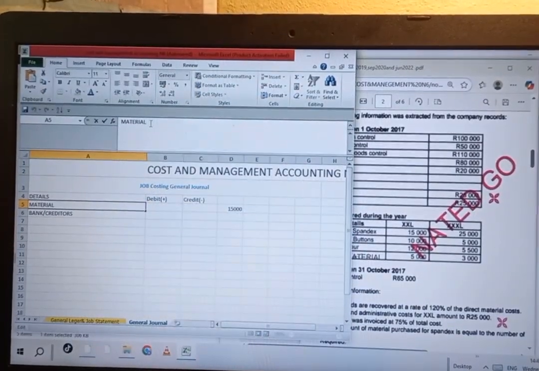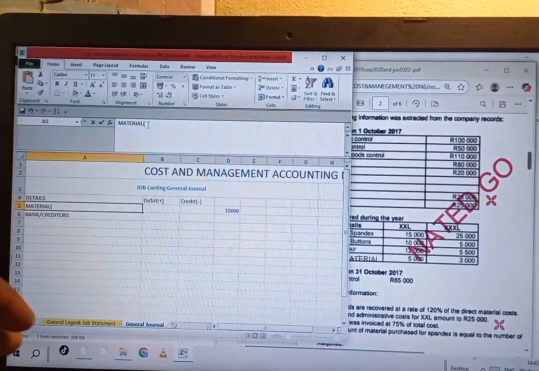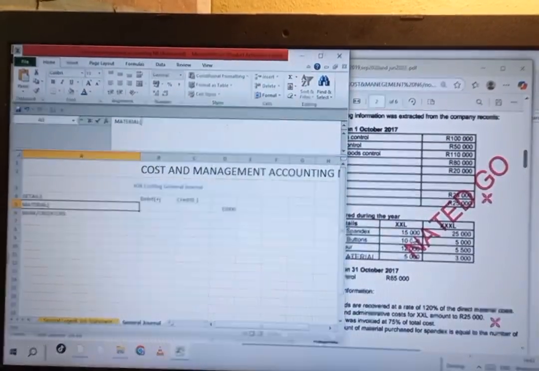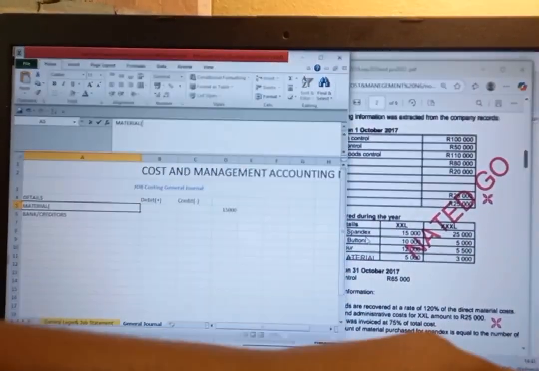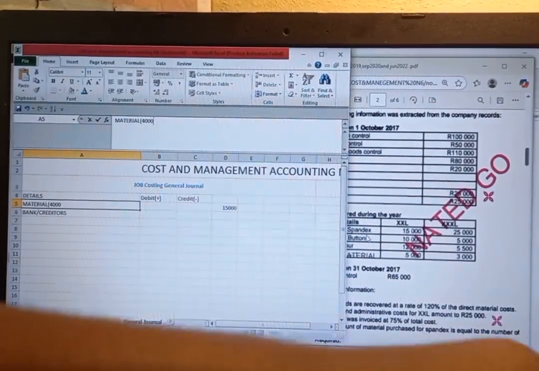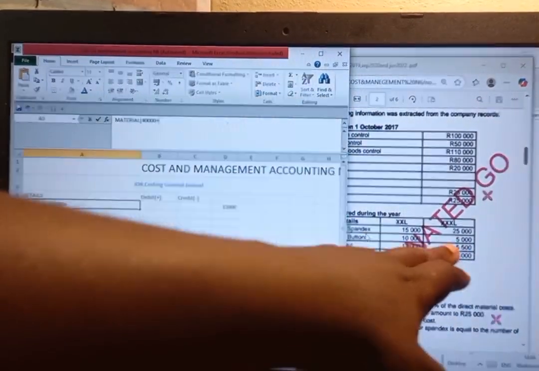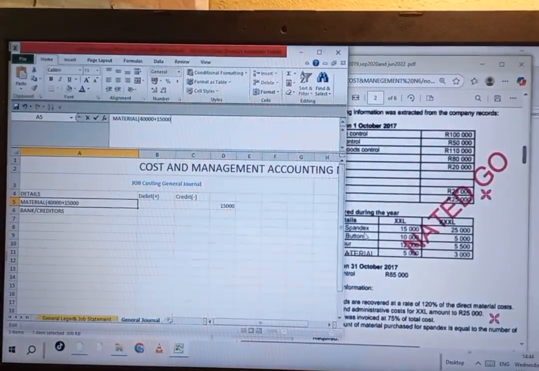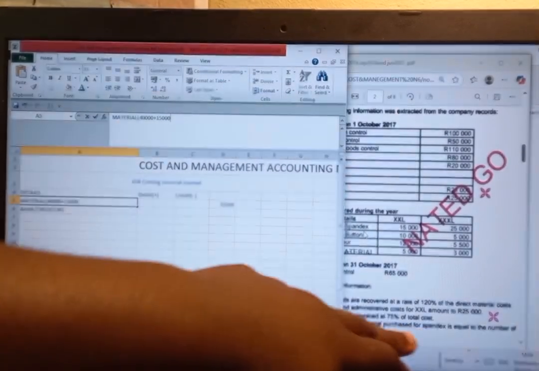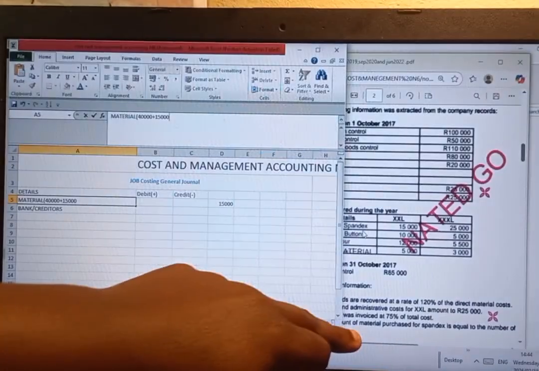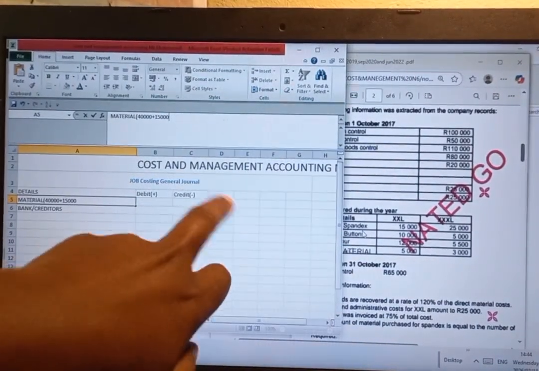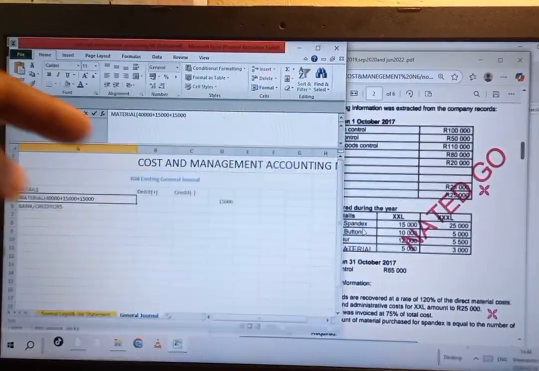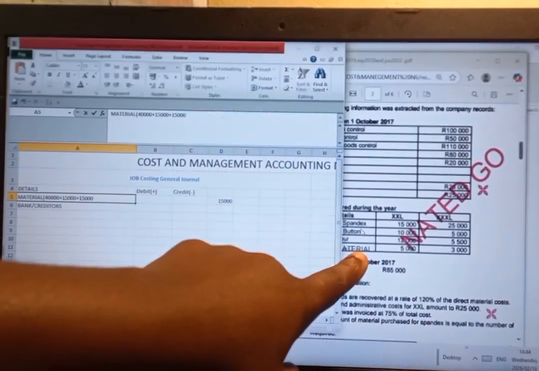You can open your bracket in material and then just put the total number of spandex. It's 15,000 plus 25,000. It gives us 40,000. And then plus 15,000, which is the total number of buttons for both jobs. And then also the amount that we already calculated from the additional information. It's also 15,000, plus the indirect material.